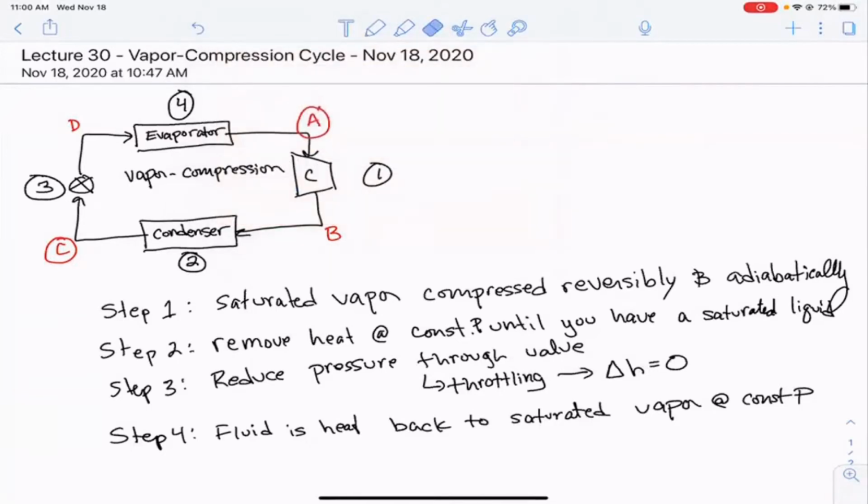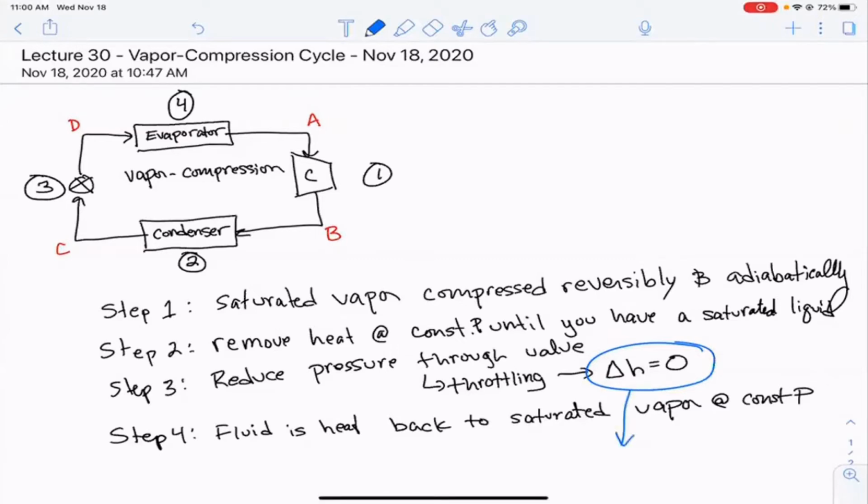And so if we think about this, we already said that we have saturated vapor and saturated liquid, but we also have a throttling valve, right? We have this step where we know that delta H is equal to 0. And because of this, we're able to operate under 2 saturated conditions where the pressures are constant, and the fact that we have a step where delta H is equal to 0.